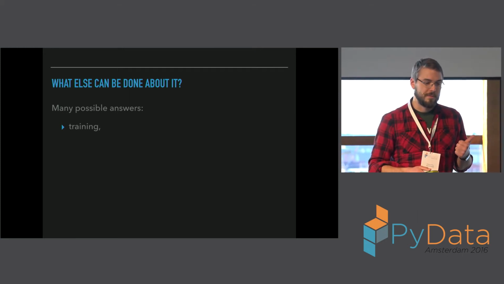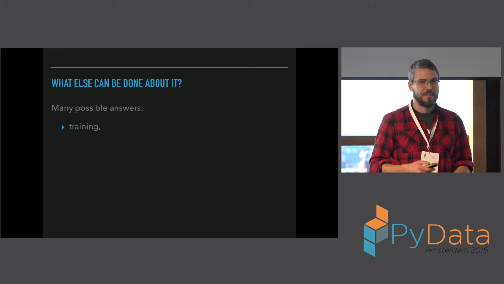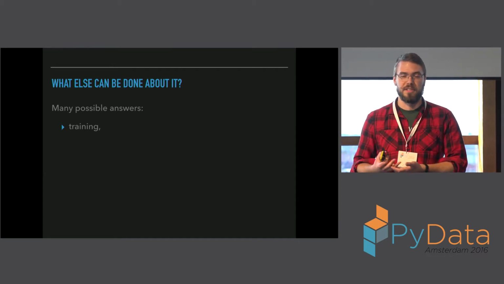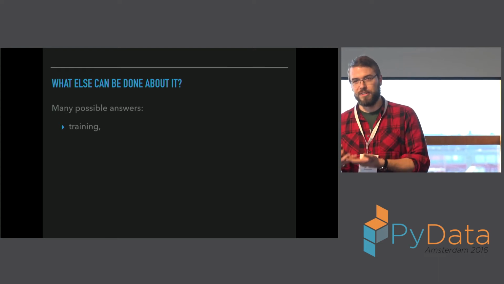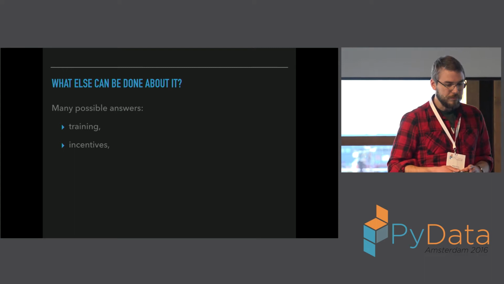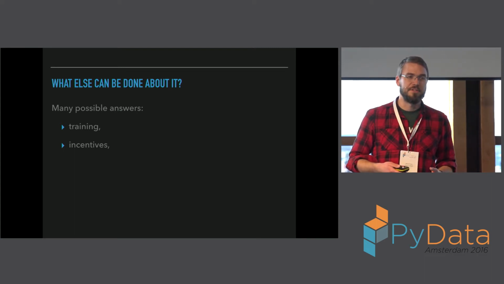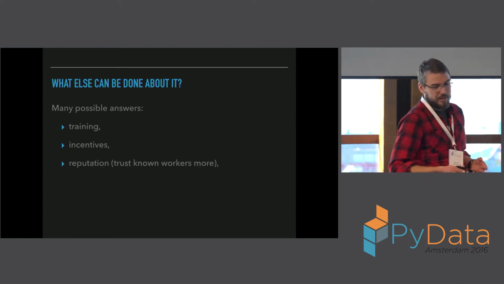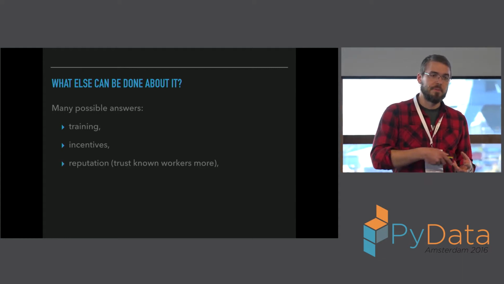For example, the first thing you should do is to make sure that your testers are trained well, that you explain everything that they're supposed to do and what you expect of them, so that when they want to do good work, they are able to, they know what to do. It's also our responsibility to make sure that their incentives are set up correctly. We can try to build up some reputation.